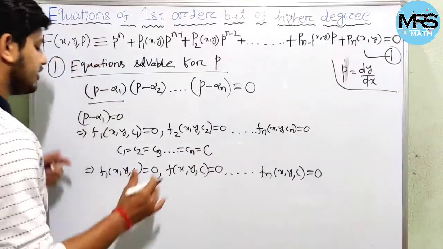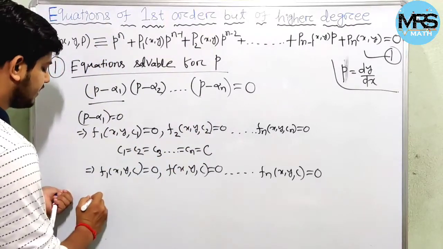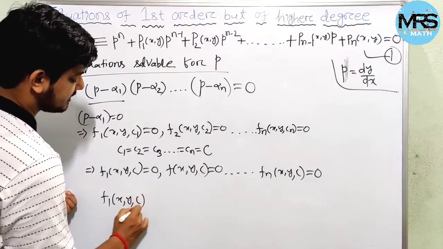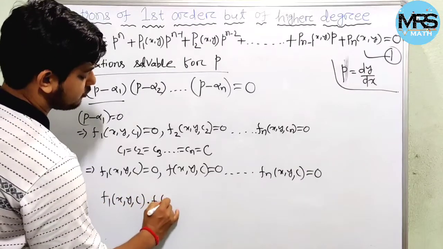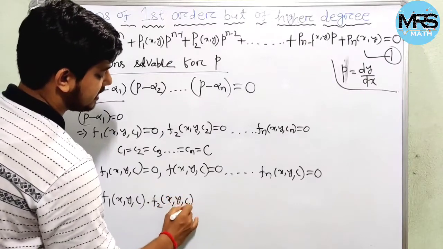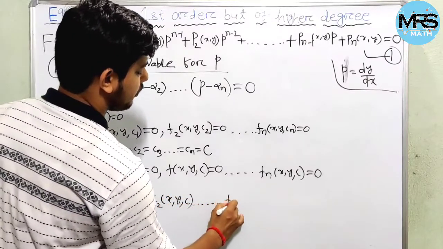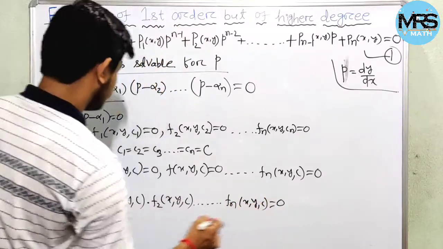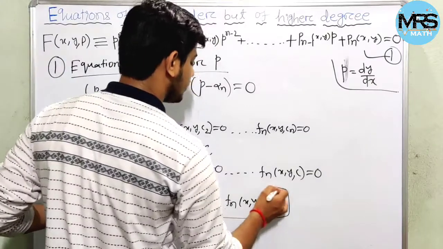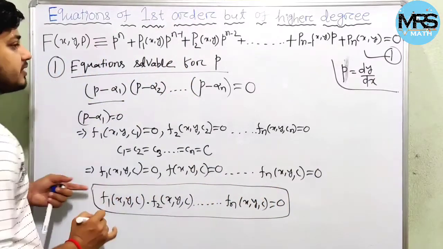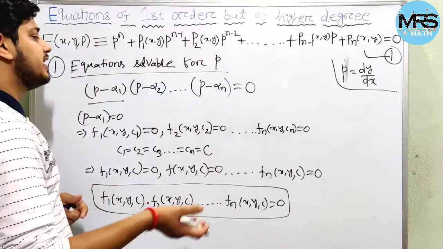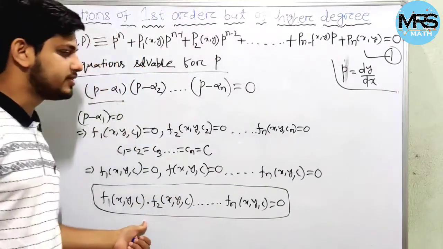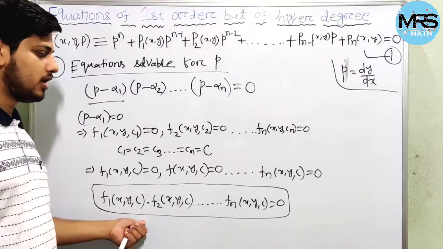Now if we combine them together, we get f1 of x comma y comma c into f2 of x comma y comma c, and so on up to fn of x comma y comma c equal to 0. This is the solution of differential equation 1 if it can be written as factors of p. Students, I hope up to this there is no doubt.